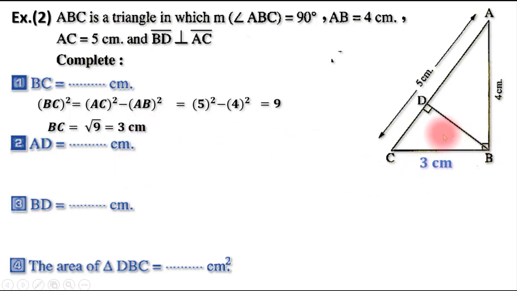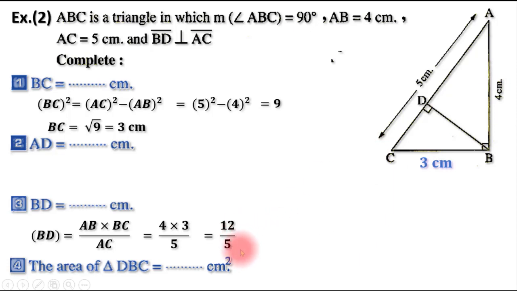Then the length of AD. To find the length of AD, we can first find the length of BD. Length of BD will equal AB times BC over the hypotenuse, which is AC, will equal 4 multiplying by 3 over 5, which equals 12 over 5, or 2.4 cm.